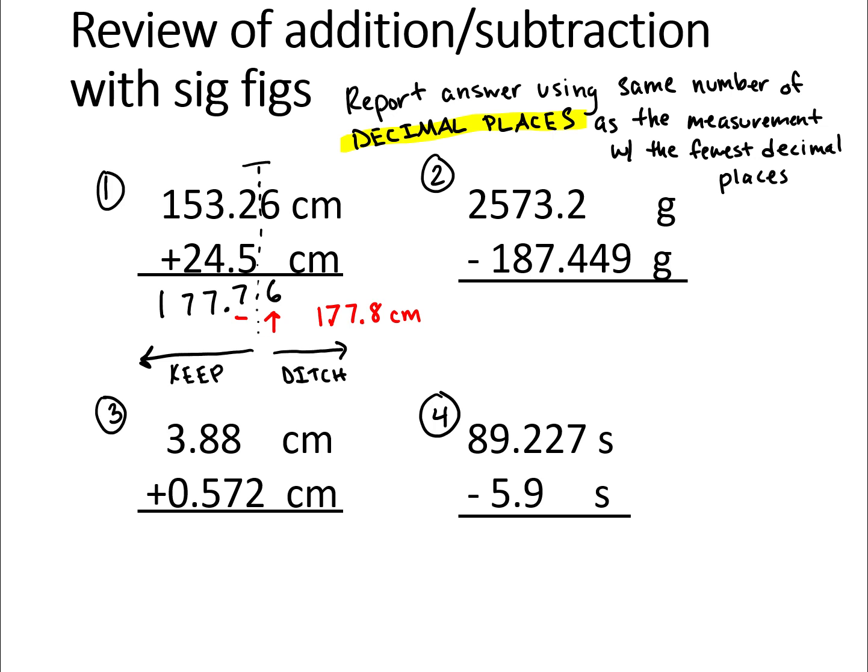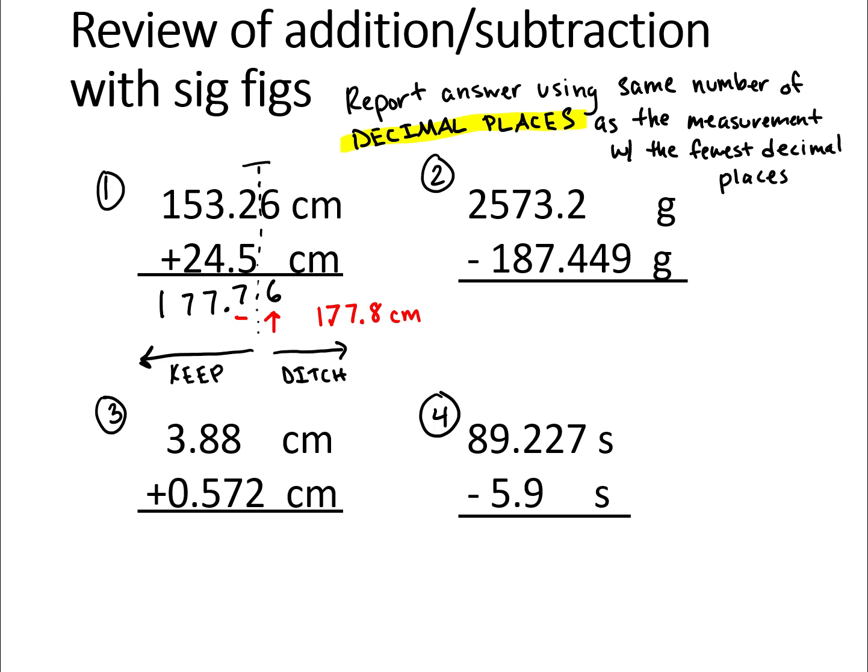Okay, so let's try one more. I'll do the second one. And if you want to work ahead, you can. For the second one, which one of these numbers has the fewest decimal places to the right? So we're looking at the decimal, looking to the right of the decimal. Which one has the fewest places, the top or the bottom? The top one.